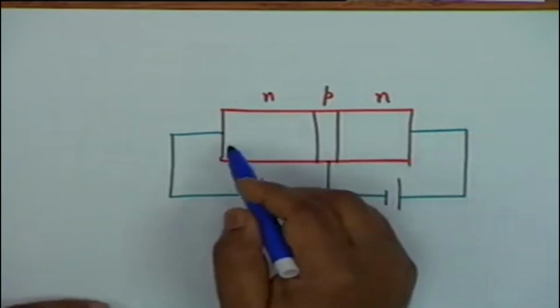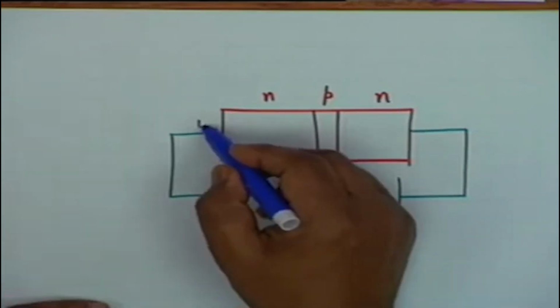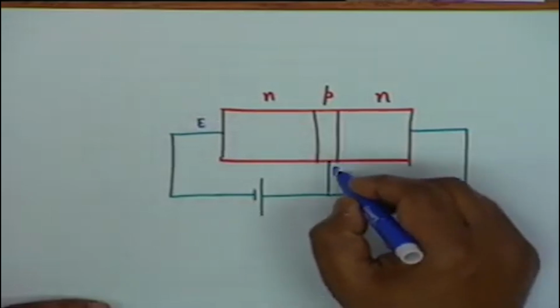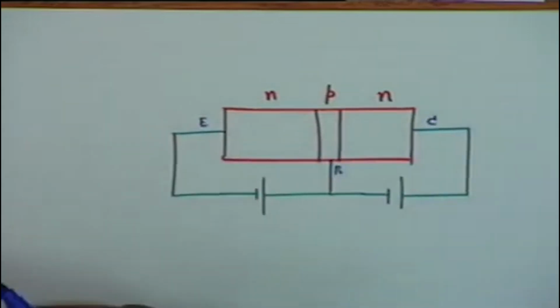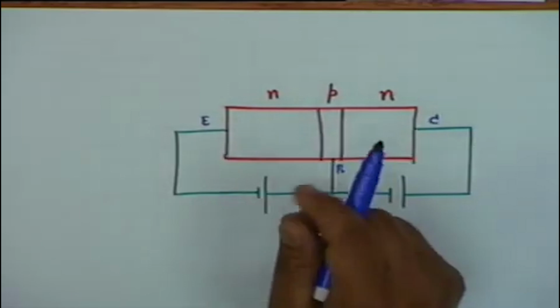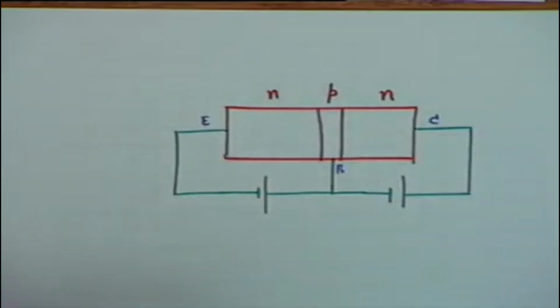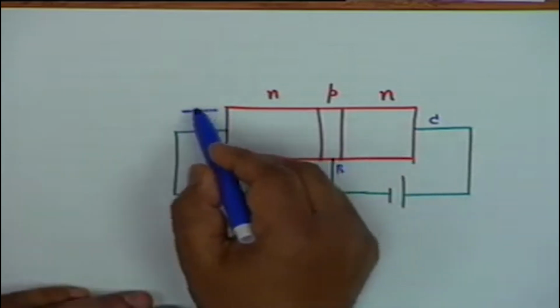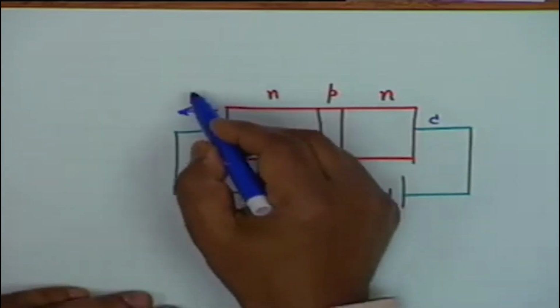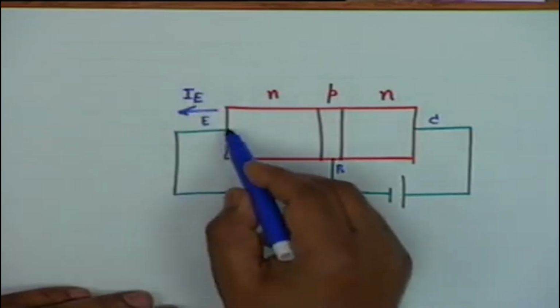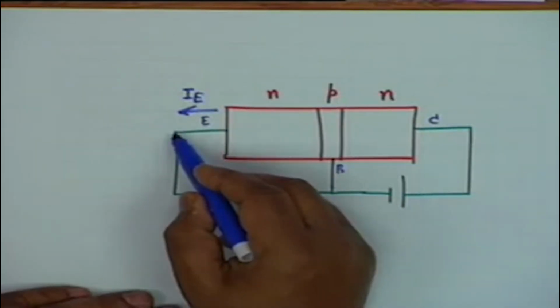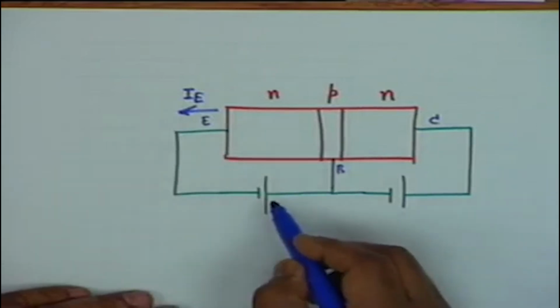Let me name them: emitter, base, collector. This emitter emits electrons. When it emits electrons, what is the direction of current? Current is in the opposite direction, and therefore when the emitter emits electrons, a current I sub E flows out of the emitter terminal into the battery.